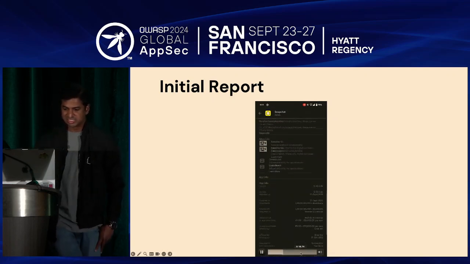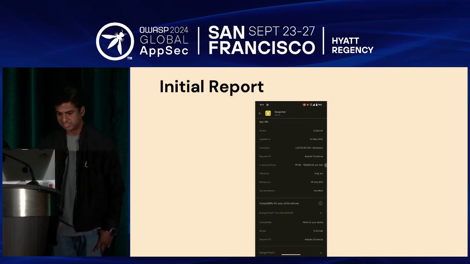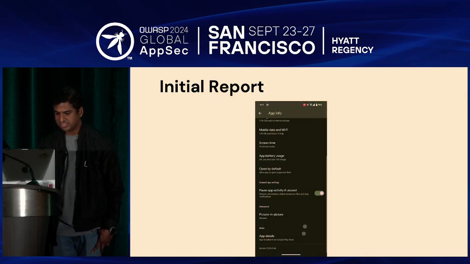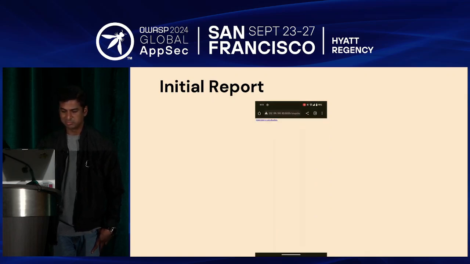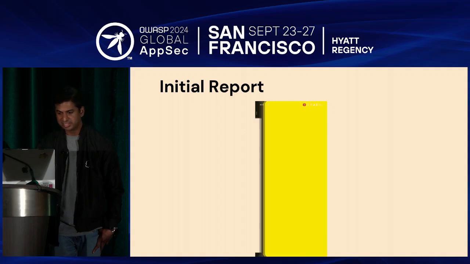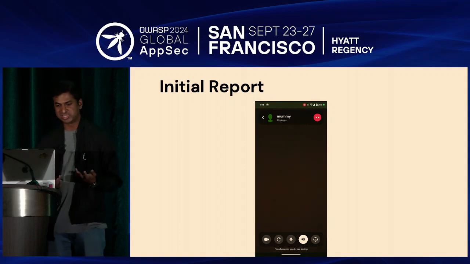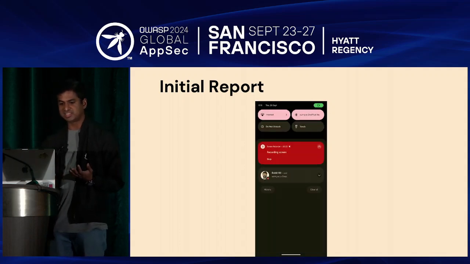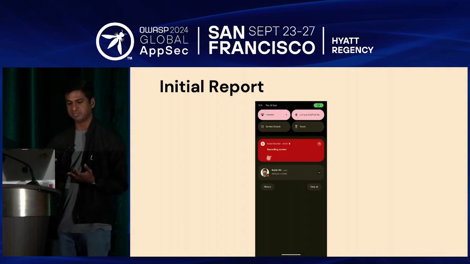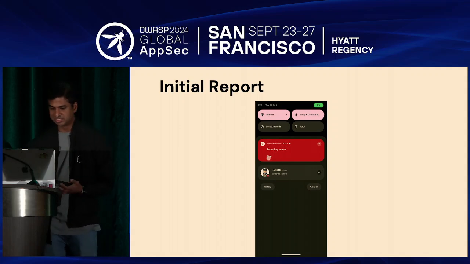And once they show that it's the latest version over here, the next thing that they do is launch the web browser on the phone and then click on a link. Immediately, this launches the Snapchat application, and it starts a video call in the background. So this was a vulnerability that they submitted. It took us a while to understand what was the issue here.